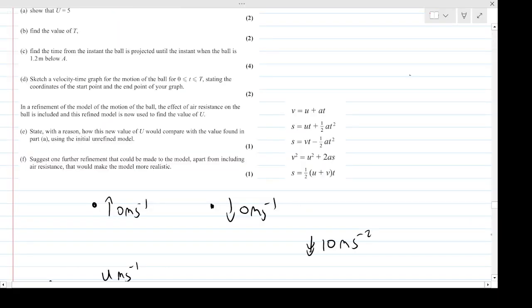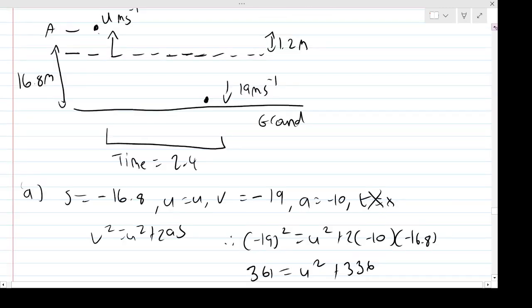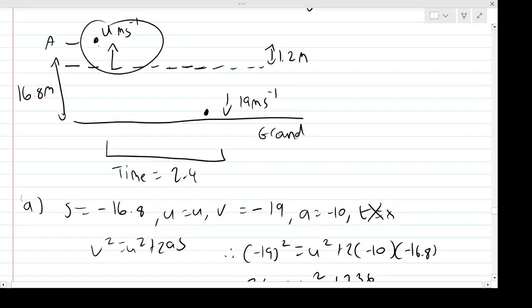But what they want from me is the time. So the time when the ball is projected, at the very start, with this speed u. I know u is 5 now, so I can add that on.